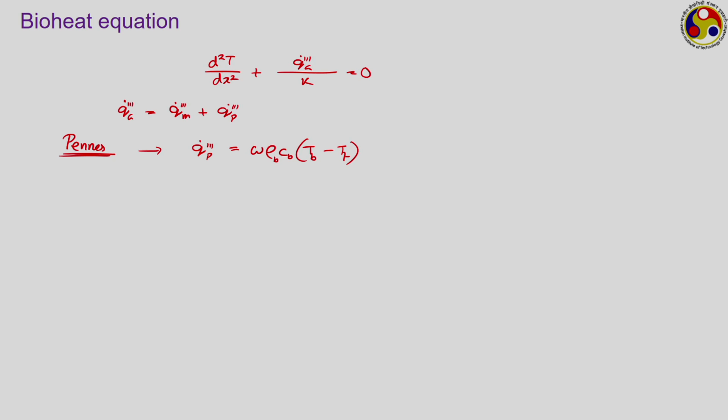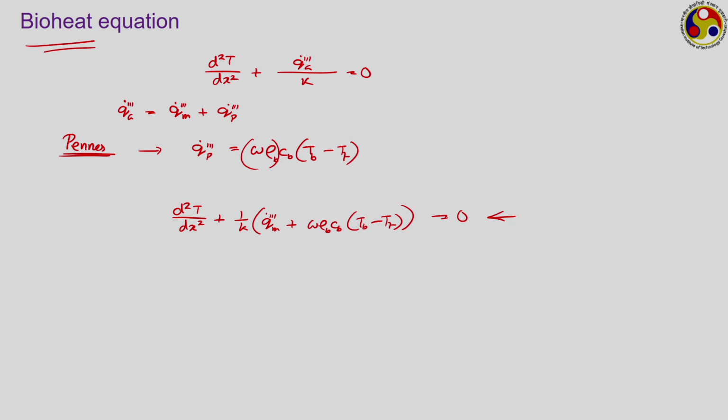And generally omega into rho b can also be considered as the mass of the tissue that is concerned in this heat transfer. So, if we put this form, then the heat conduction equation can be written like this to be equal to 0, and this is precisely what we refer to as the bioheat equation.